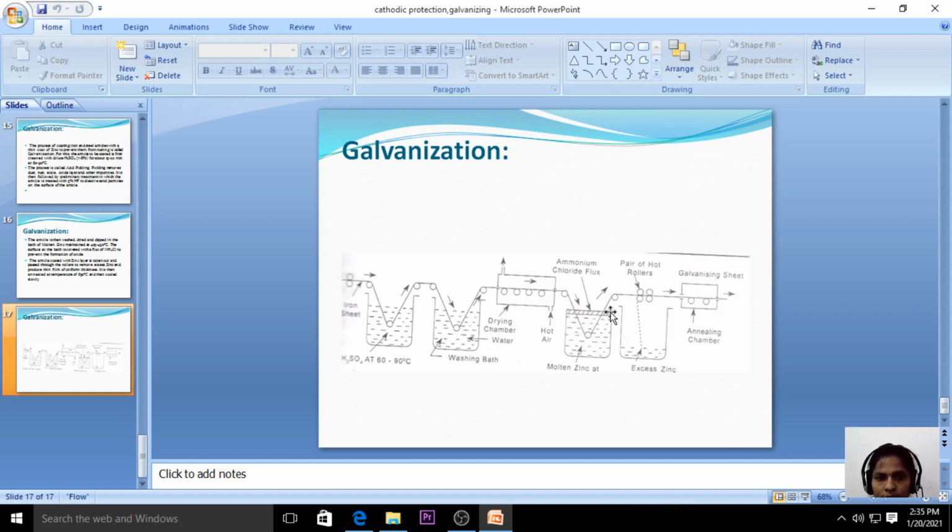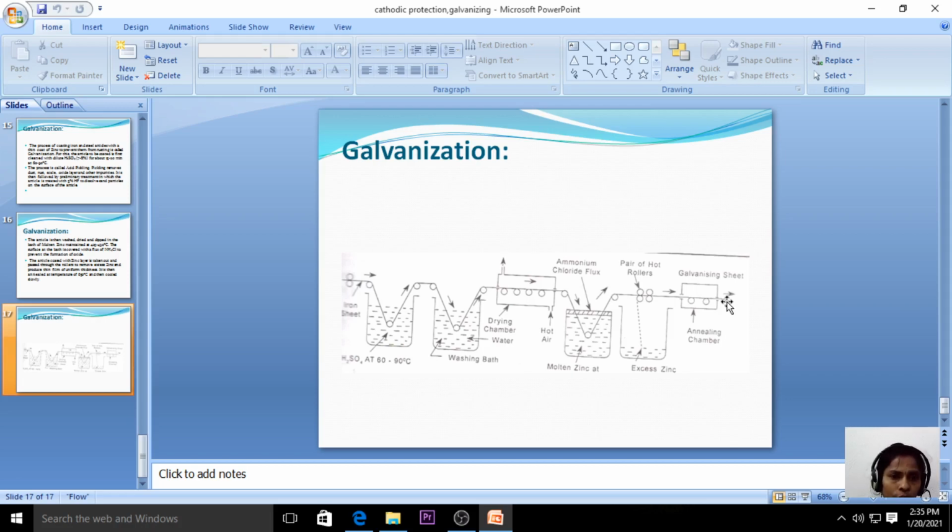The zinc container is covered with ammonium chloride flux to prevent further oxidation, and then it is placed between the rollers to remove the excess zinc, and finally sent to the annealing chamber. In the annealing chamber, we get the galvanized sheet. Galvanized sheet is nothing but the sheet which is coated with zinc. That means iron coated with zinc is the galvanized sheet. So this is the galvanization process.